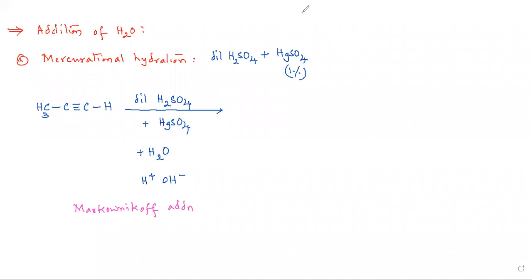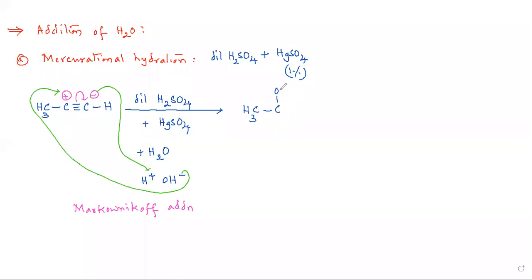Let's see. Take it this way. Then CH3C, here it is OH, and then double bond, this will be CH2, right?